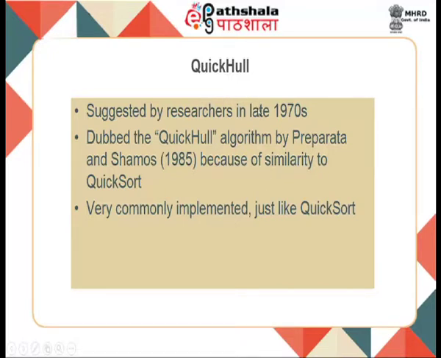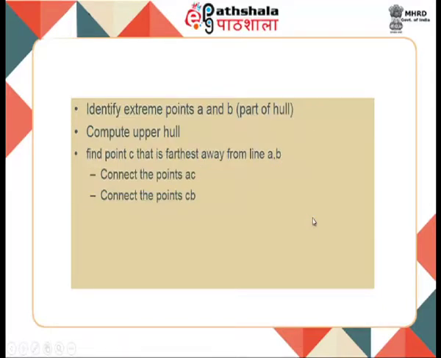One such effort was made by Preparata and Shamos in 1985 to construct the convex hull, and the algorithm is named the quick hull algorithm because of its resemblance to the quicksort algorithm.